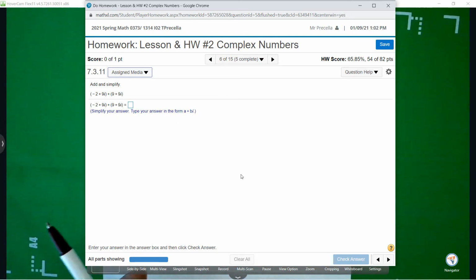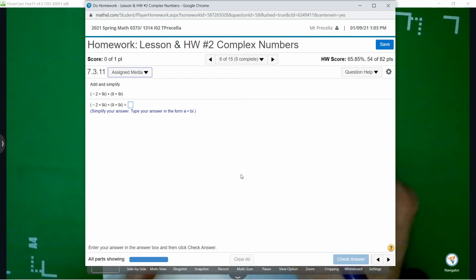You'll combine this the same way you did in a previous algebra class when you were just adding polynomials. You combine like terms. You can't add a number that has a variable to a number that doesn't have a variable on it. So combining the like terms, I can combine the negative 2 and this 9 here.